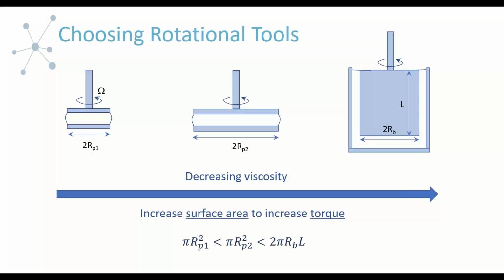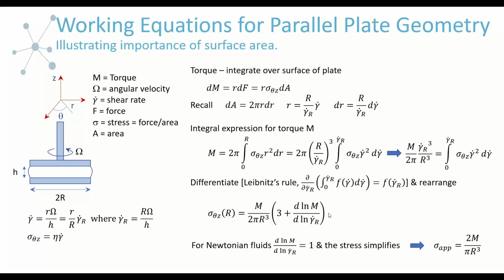I want to try to emphasize a little more clearly this relationship of the surface area and the viscosity to the torque. I know this slide violates all etiquette rules of presentation, and math is not the favorite of most people.